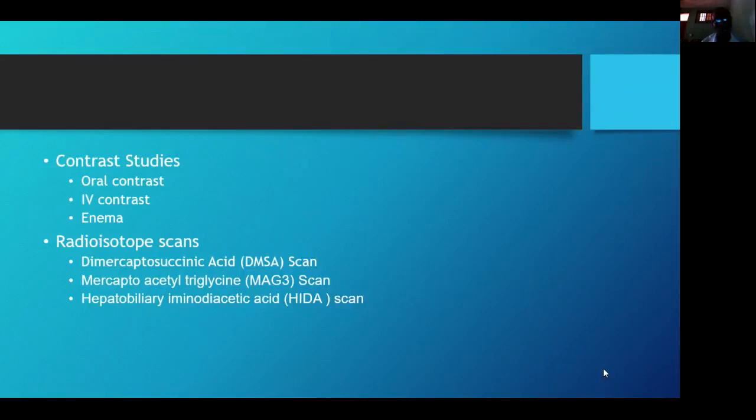Again, some children will fail to take this, and therefore you can use a fine bore feeding tube, pass it either through the orogastric or the nasogastric route, and then instill as much as required into the stomach directly, and then you can obtain your images.